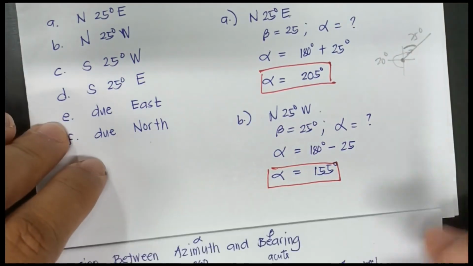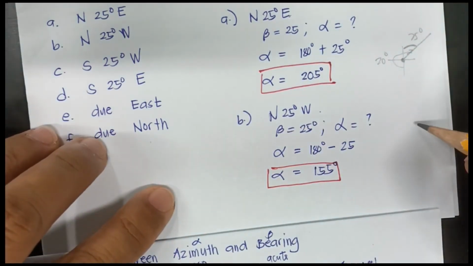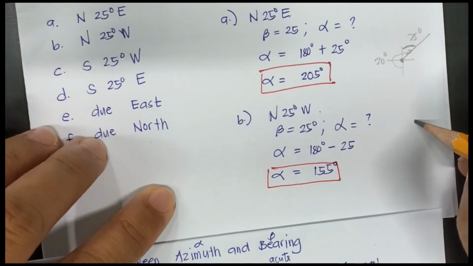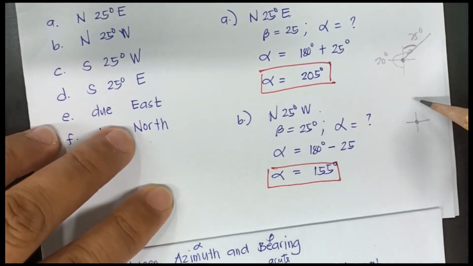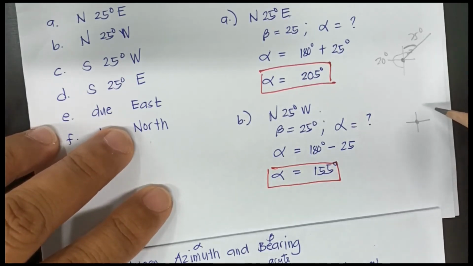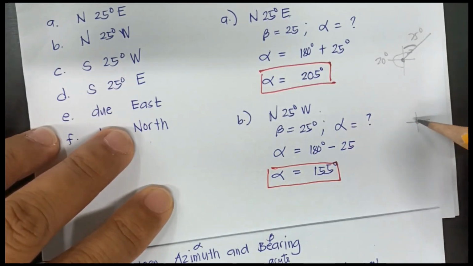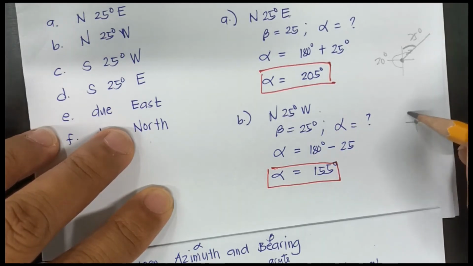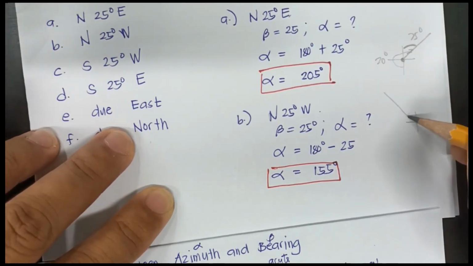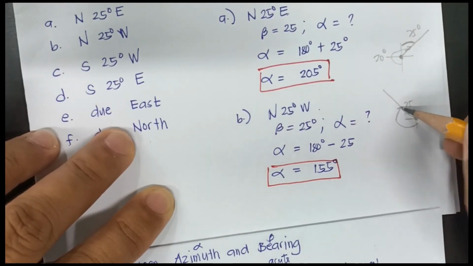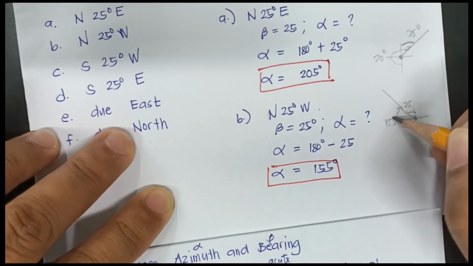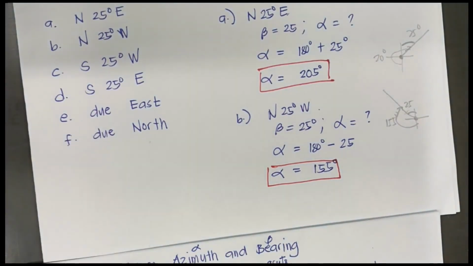For B, you have this initial point, and then you draw the cross for the north, south, east, west lines, and that is northwest. So in this direction, and this is the 25, and of course this is the 155 degrees.